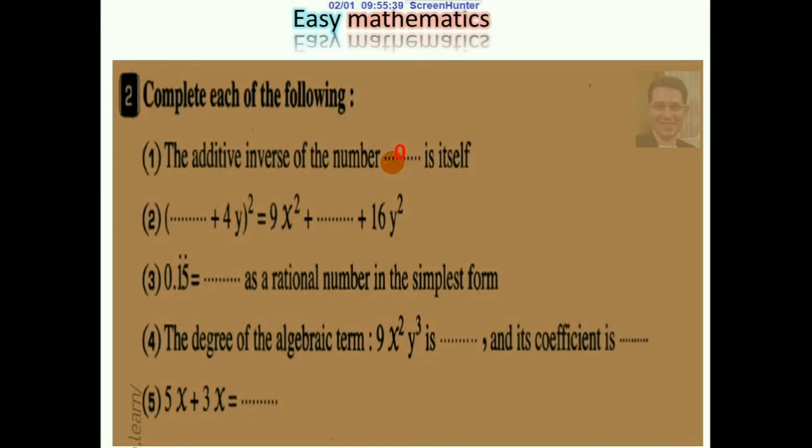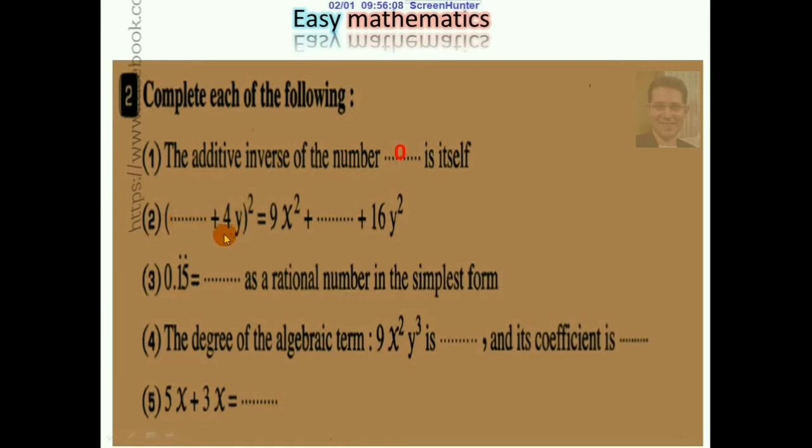Number 2, we have here brackets raised to power 2, and the first term is missing here, plus 4y, give us 9x power 2 plus space plus 16y power 2. We have studied these brackets. When we have any brackets raised to power 2, we open it to give us 3 terms like that, but the missing one here is the first one. How to find it?